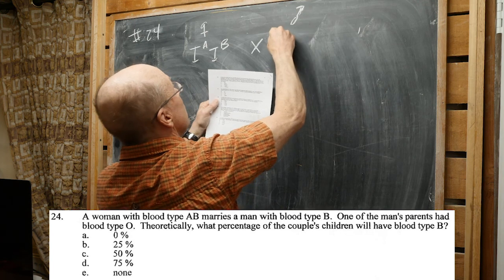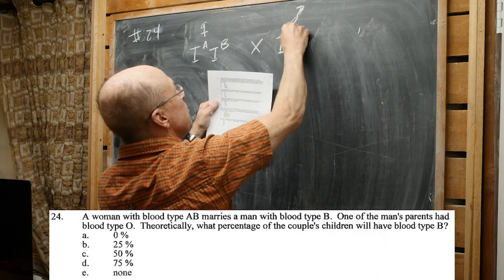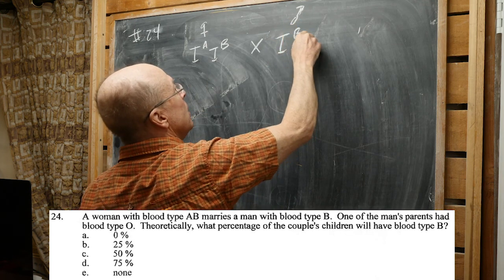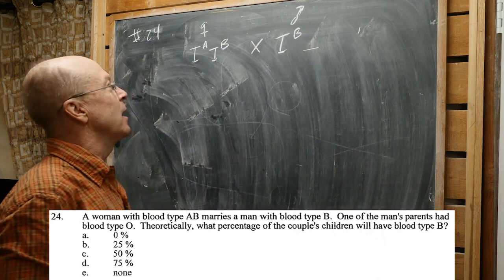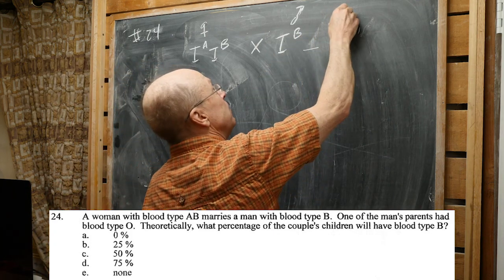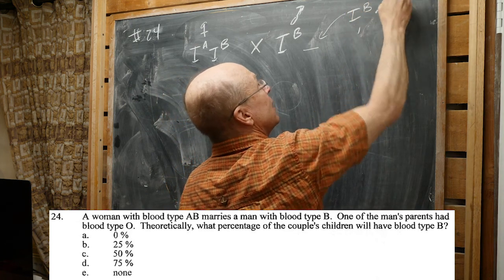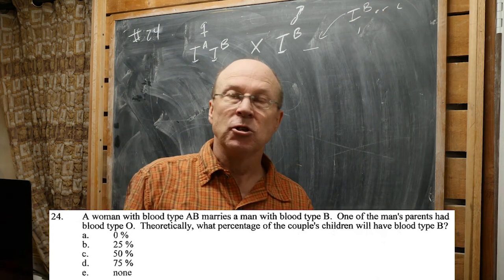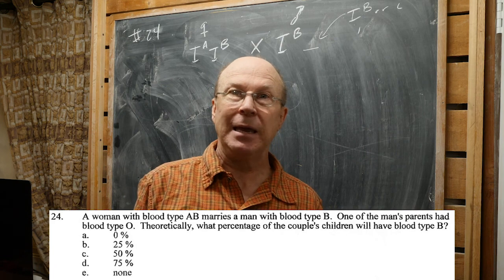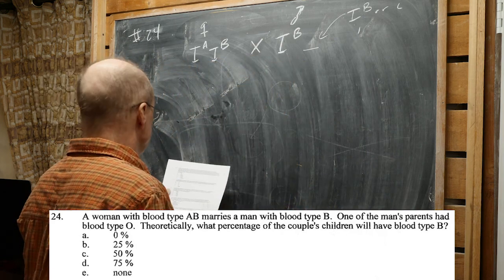It's going to be a male with type B blood. Remember that this is not really a complete blank, because it could be IB or little i. There are two genotypes to be type B.